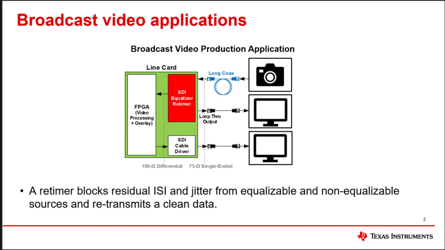During the game, many cameras are simultaneously sending video data over long coaxial cables to the control room for further processing. Because of the length of the cables, a retimer is often needed to ensure that the video data is free from inter-symbol interference and jitter from equalizable and non-equalizable sources. Retimers are there to make sure that you don't miss that touchdown.